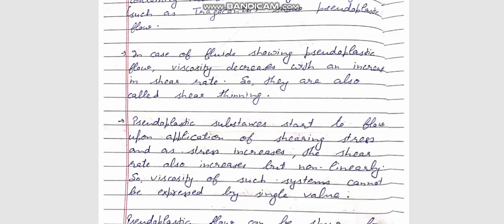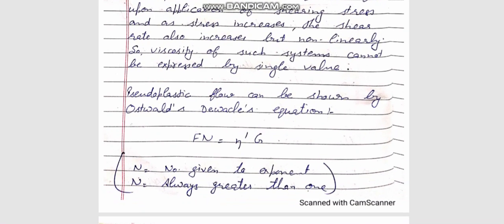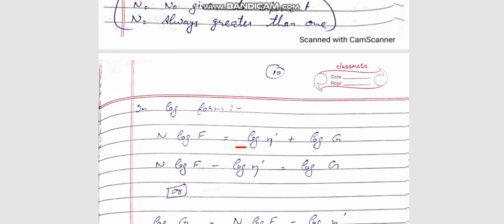on a particular basis. Pseudoplastic flow can be shown by the Ostwald-de Waele equation. This equation is F^n = η' G. Here n is a number given to the exponent and it is always greater than 1.